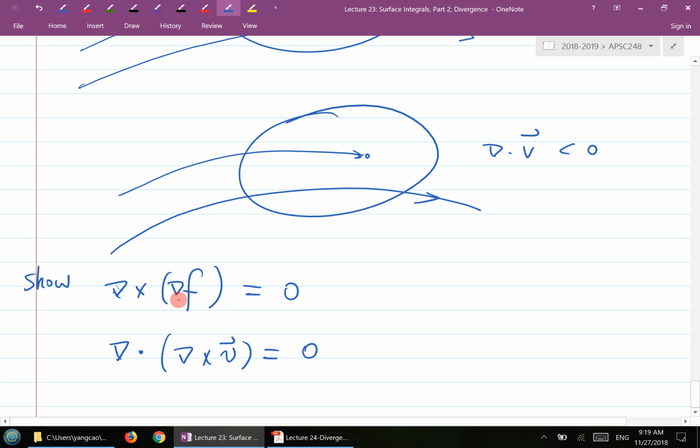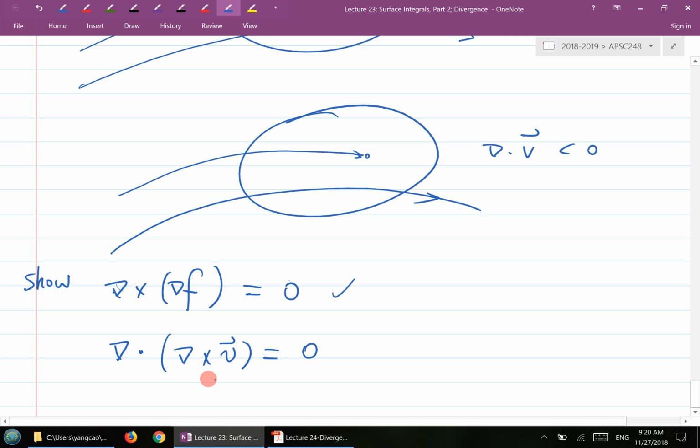A gradient vector field, we actually proved is always what type of field? Conservative field. And when you have a conservative field, what's the result of its curl? It's always 0. That's one of the things that we use to check conservativity, right? So this is the first one here.